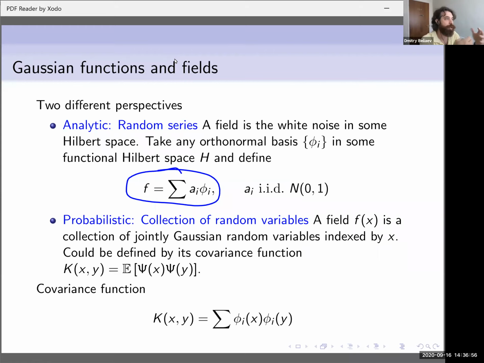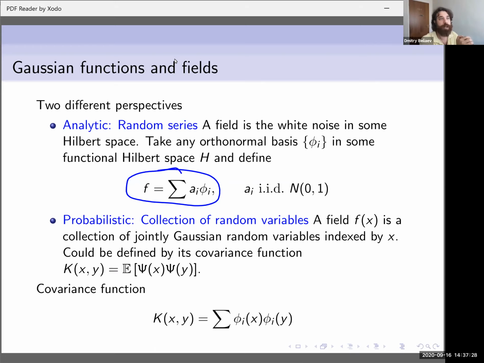Alternatively, if you are a probabilist, then most probably you think of a Gaussian field as a collection of jointly Gaussian random variables indexed by a point x. Sorry, I should have mentioned this before, but in this talk, all Gaussian fields are centered, so I assume that the mean value is always 0.